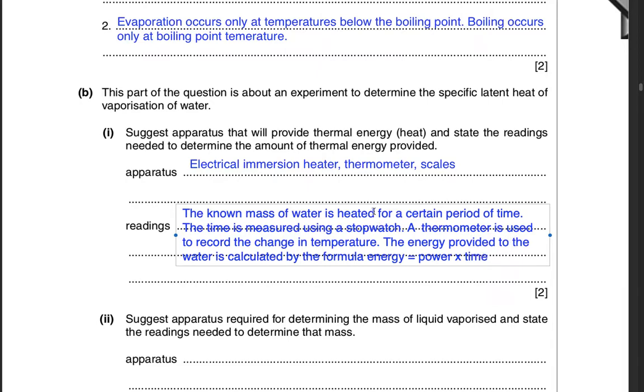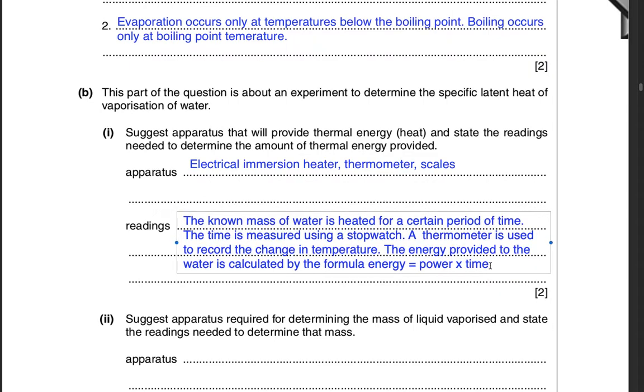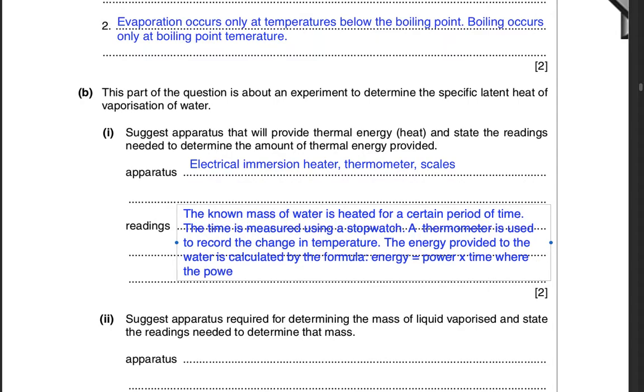You can better put the power and time in brackets also. So energy provided to water is calculated by the formula, where the power is obtained from the power rating of the heater.